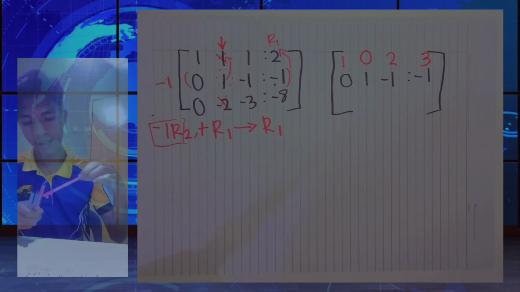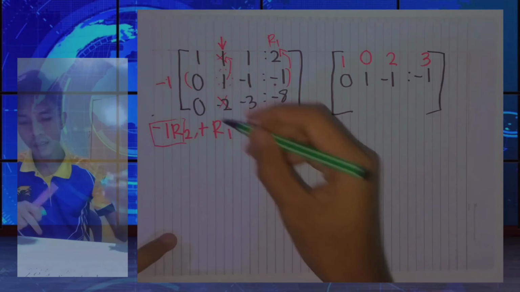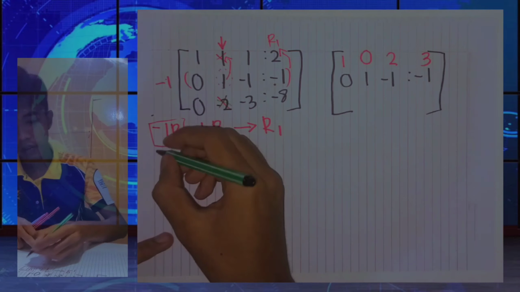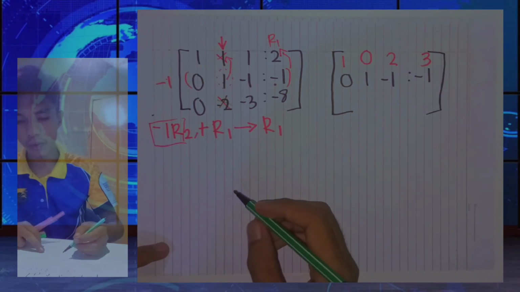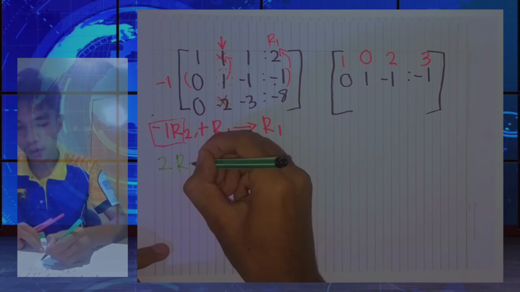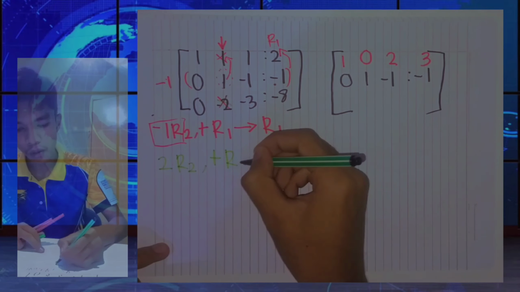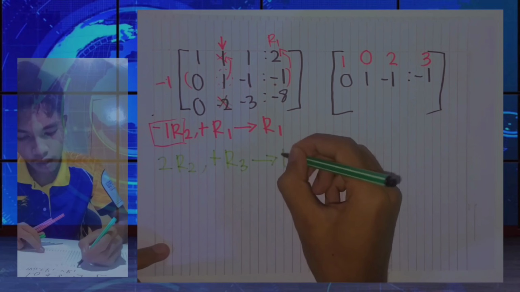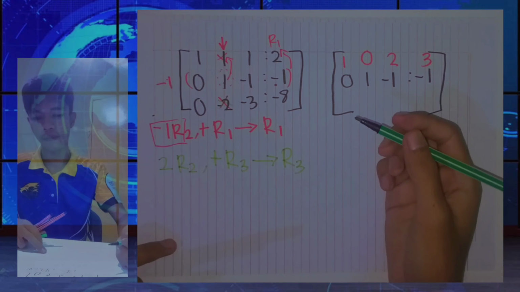So next is this number, and the operation we can do is multiply 2 in row 2 plus row 3 and put the answer in row number 3.